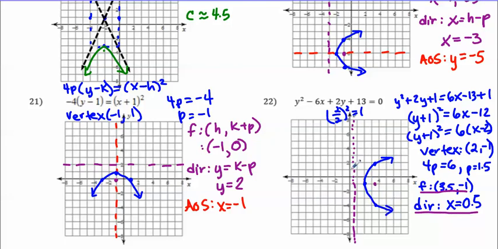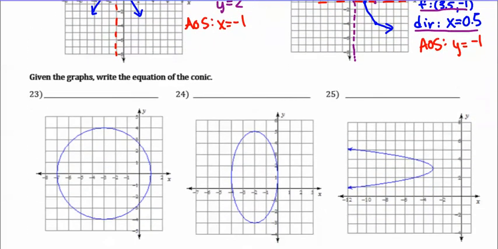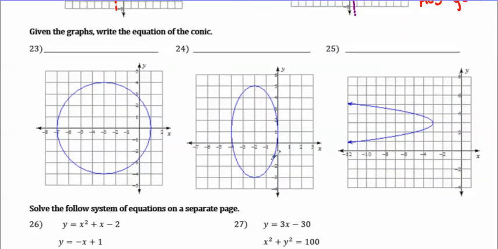My axis of symmetry is right here, and that's going to be y equals negative 1.